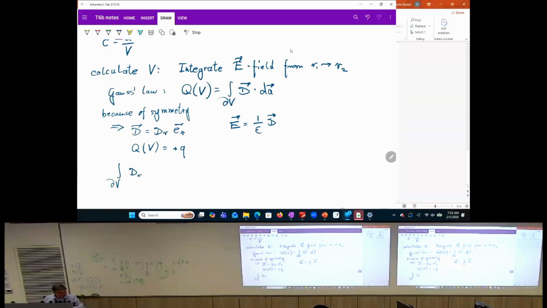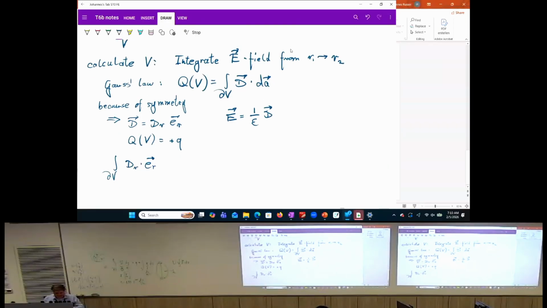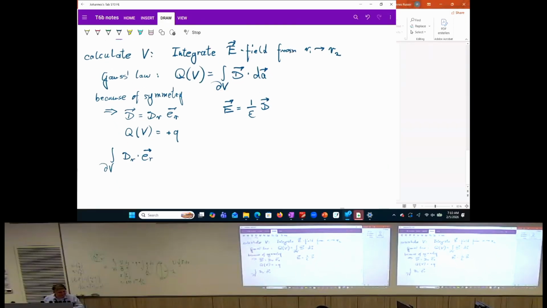Flux quantity is D_r times e_r. And the surface, the differential surface element, for that you have to consult the mathematical formula sheet, but we are in the spherical coordinate system. You know that this is given again by this r squared sine theta d theta d phi.